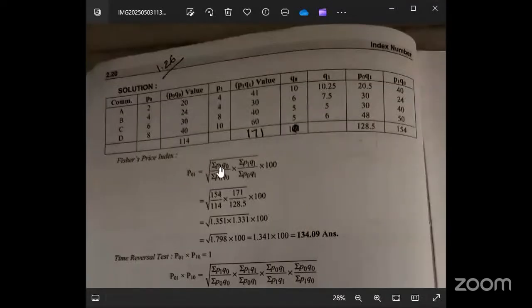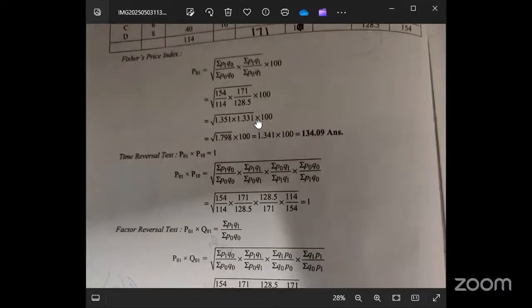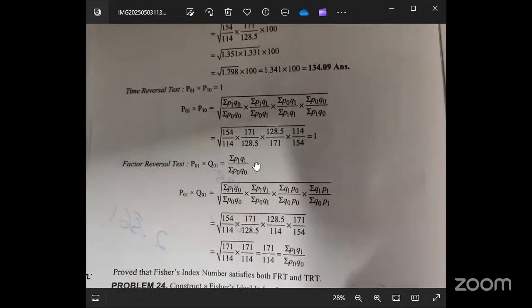So it is the totals, and finding out the Fisher ideal index number, and the time reversal test. You see.